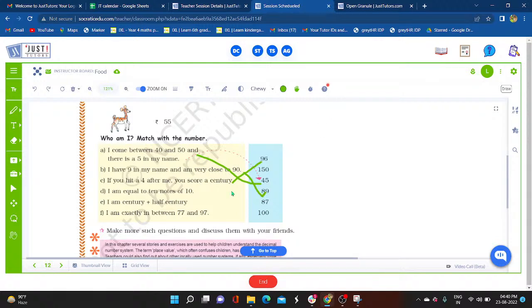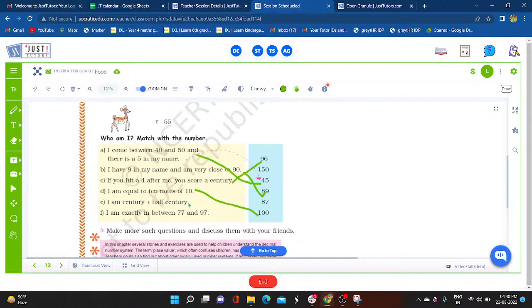Then I am equal to 10 notes of 10. Since 10 times 10 is 100, this is 100. Then I am century plus half century. So a full century is 100, half century is 50.